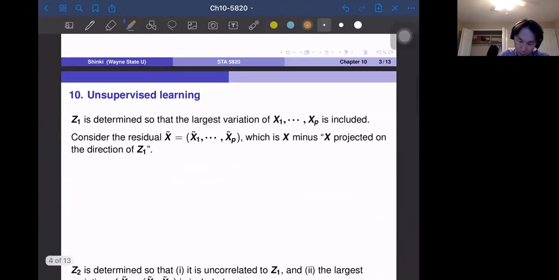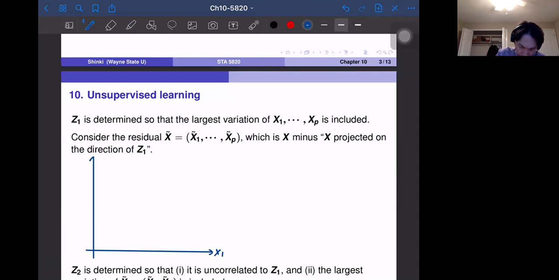Then how to determine the Z? Z1 is determined so that the largest variation of X1 to XP is included. So that means, in a simple case, we have only 2 predictors, and how to define Z1?